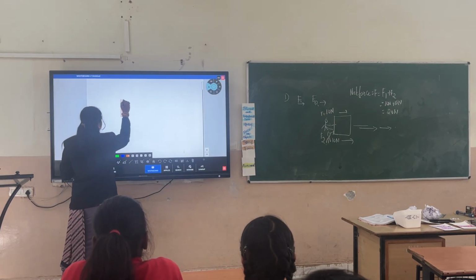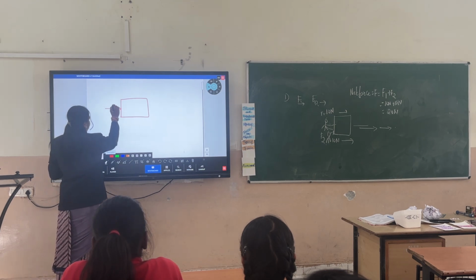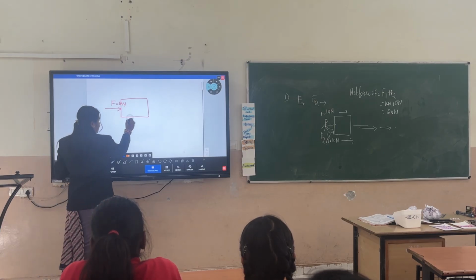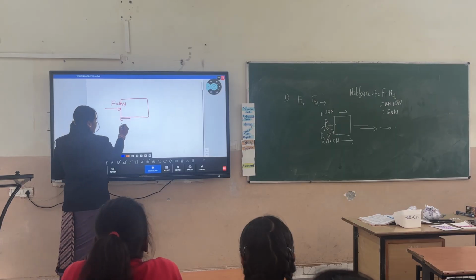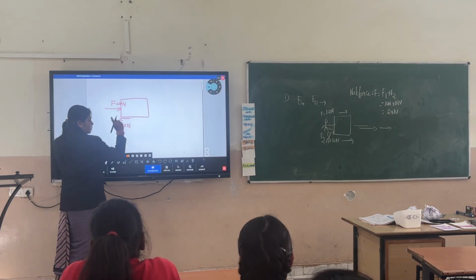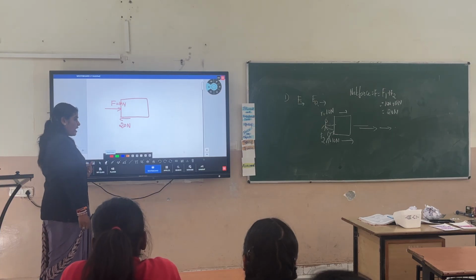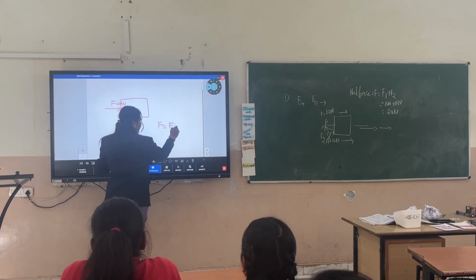The force exerted by you on this is 10 Newton. And the table also acts a force on you, that is frictional force, maybe 20 Newton. You are unable to overcome that. Then what happens? Net force equation: F equals F2 minus F1.